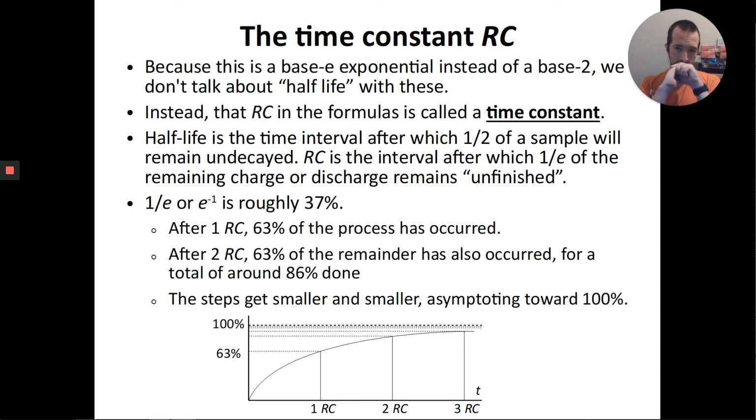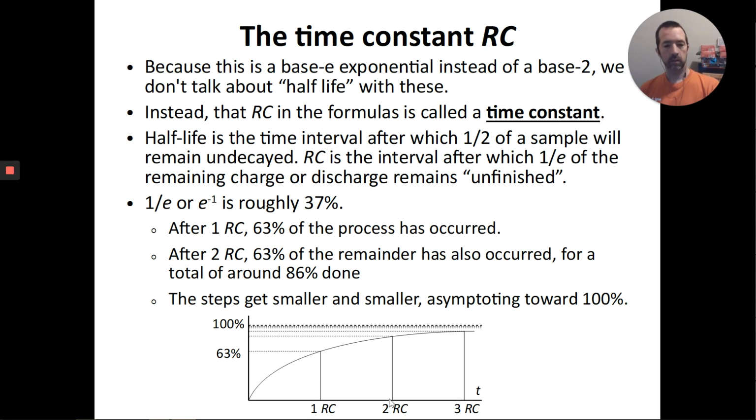So 1 over E is roughly 0.37 or 37%. So I've got a graph here with 1, 2, 3 time constants labeled. So after the first time constant, I have gone 63% of the way to whatever my max value is. So there's 37% left to do.